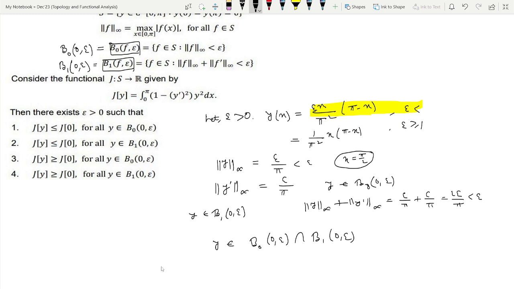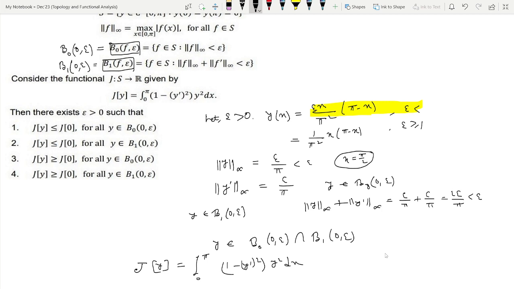Now see here, for this y, J y is equal to integration 0 to pi of 1 minus y dash square into y square dx.